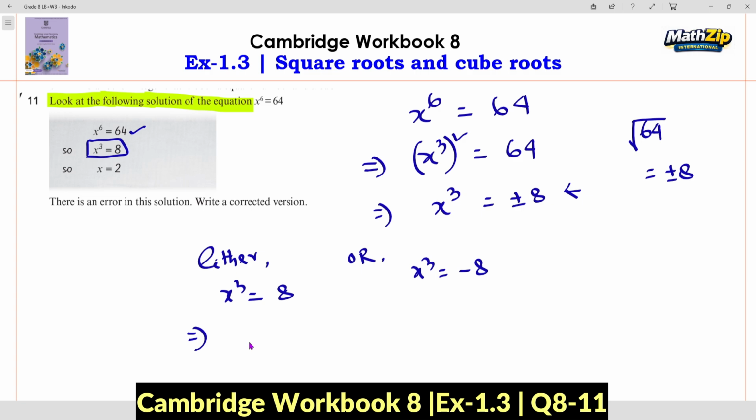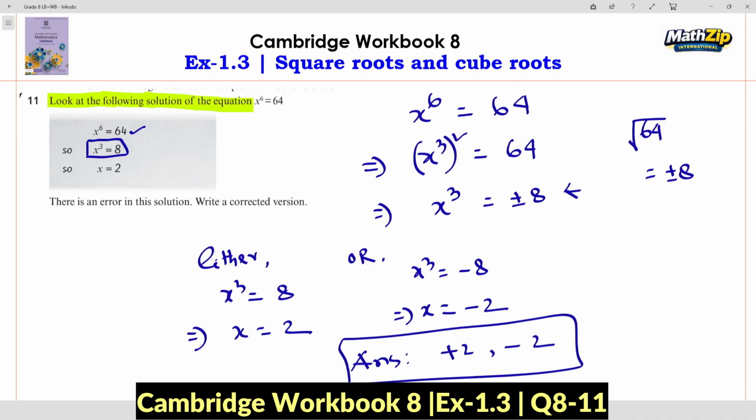Now if we make cube root, x equals 2, and x equals minus 2. So the answer should be plus 2 or minus 2. This is our value. So there is an error in the solution. Write the corrected version. So this is the correct version.